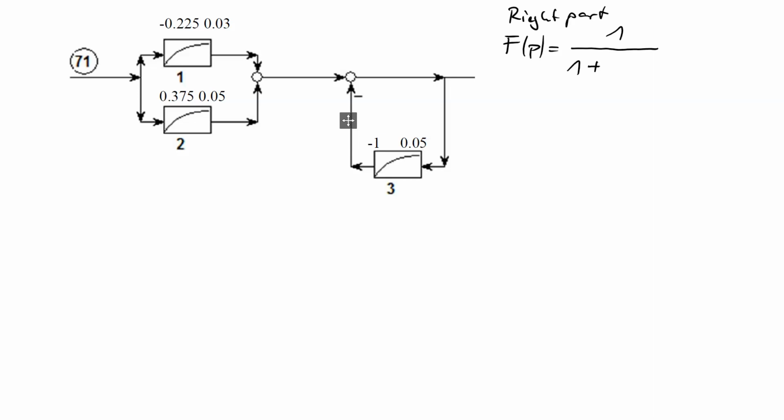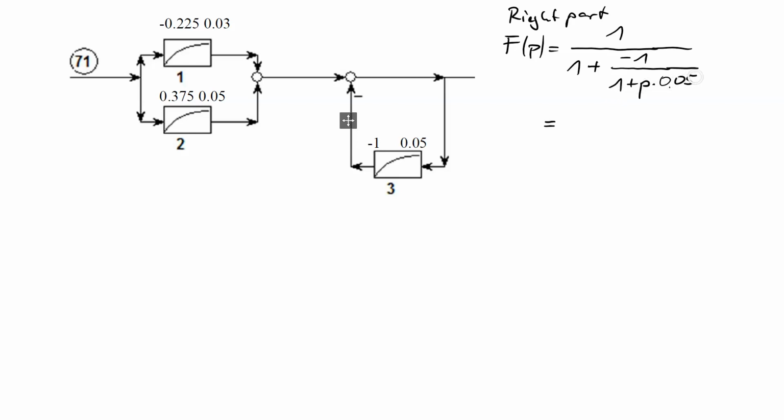This is a PT1 with a negative gain of -1 divided by 1 plus P times time constant, in our case 0.05. Of course, it's true for all other constants. This is a constant example. So what is this? I have to factor this out.